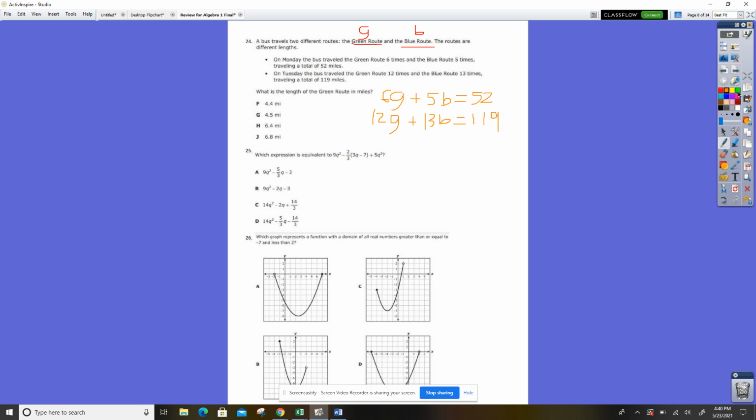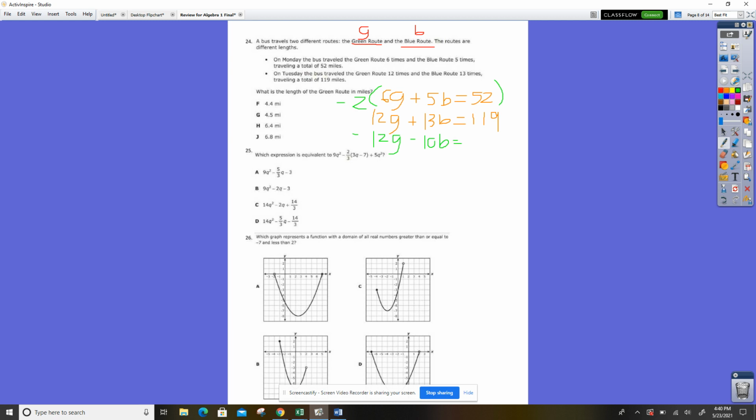Now that I've written it, I need to solve it. Just like before, it's set up for elimination, so I need to see what I can eliminate. I notice that if I multiply this top equation by negative 2, my g's will cancel. Negative 2 times 6g is negative 12g. Negative 2 times 5b is negative 10b.